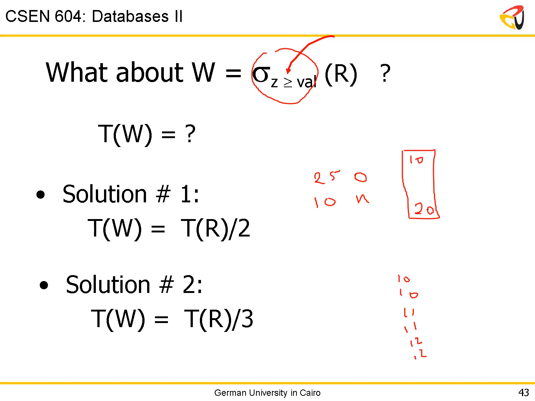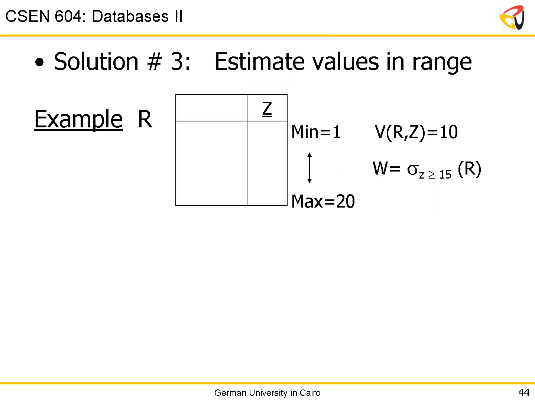Okay, now there is a more sophisticated approach to answer such a query, which is to keep, in addition to the number of unique values in every column, the minimum and maximum value. Okay?